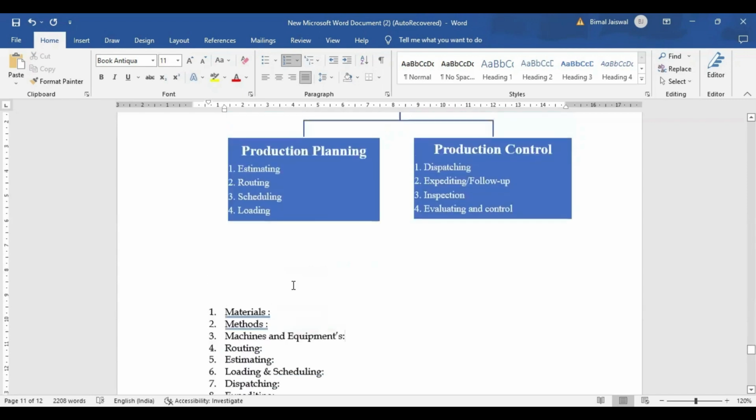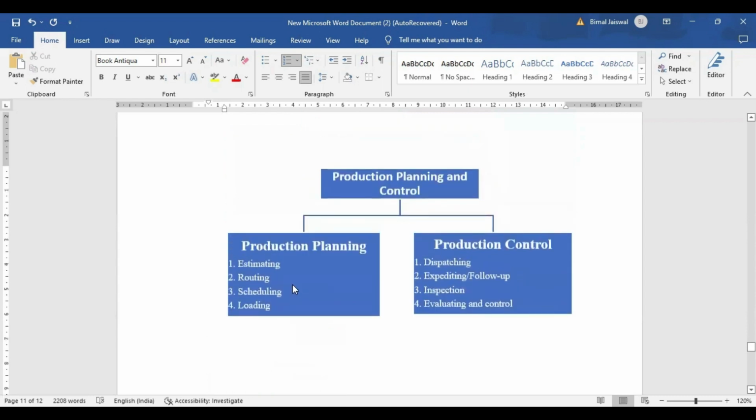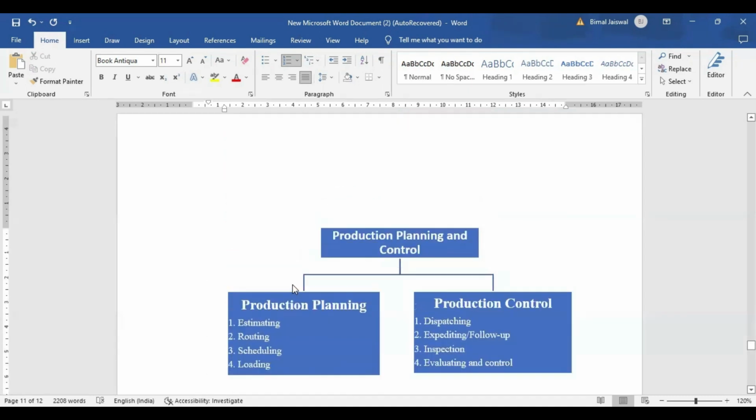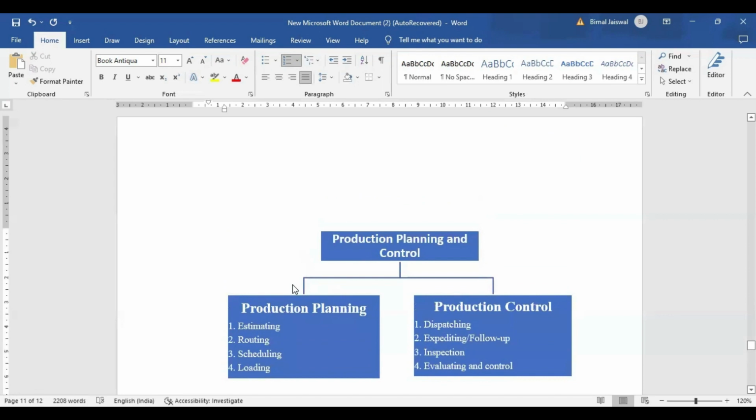In the end, I would like to say that production planning and control is one of the essential aspects of the production department, which has to be properly taken care of, because until and unless the planning has been done, overlapping of activities and identification of errors cannot be met.